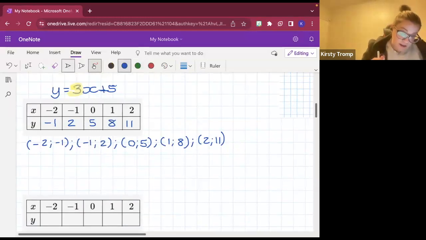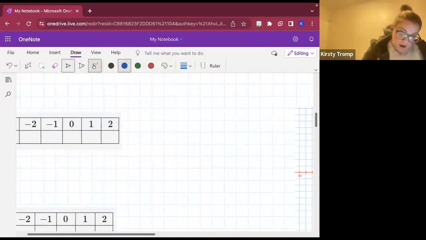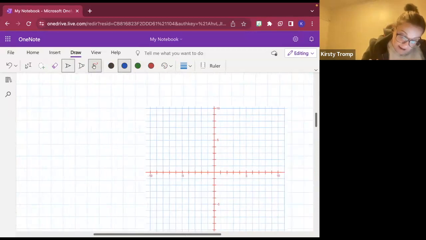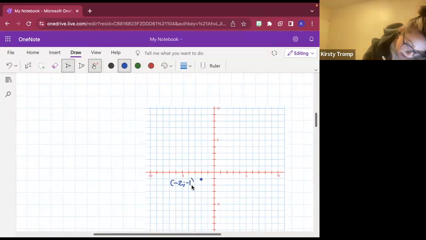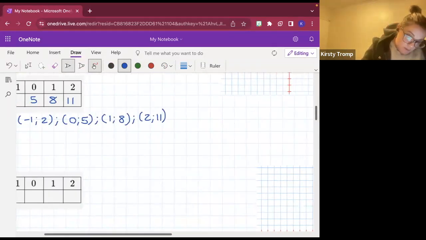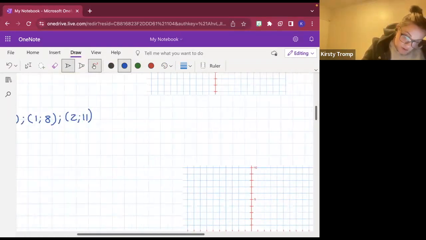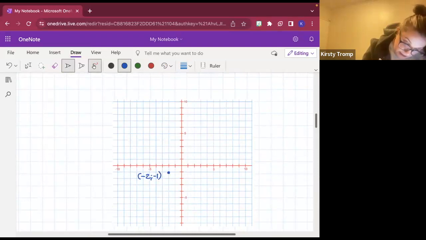So my first coordinate is (-2; -1). I go to my graph, find (-2; -1), and draw the point. My next point is (-1; 2). I go to my graph, (-1; 2).